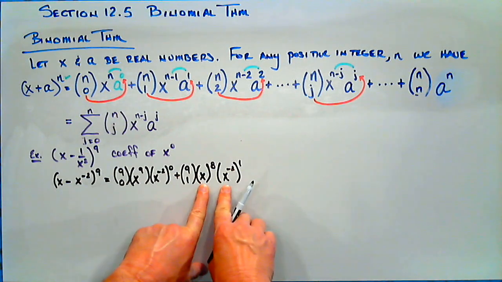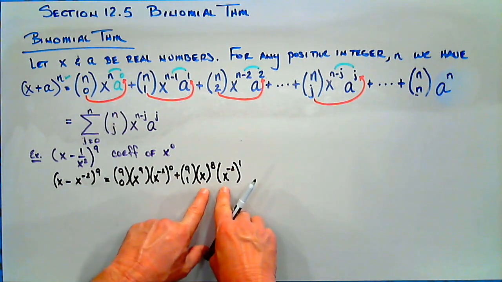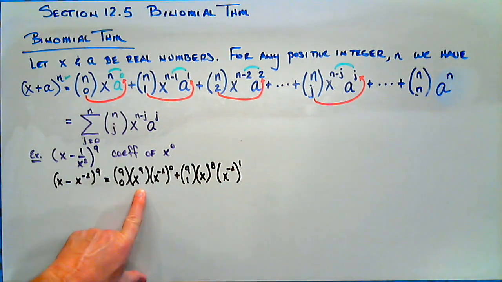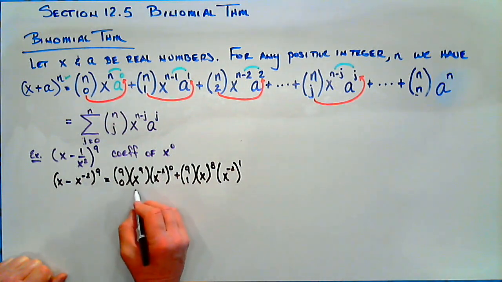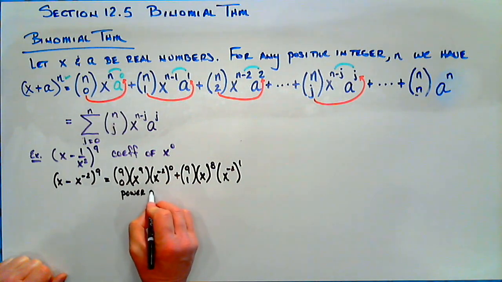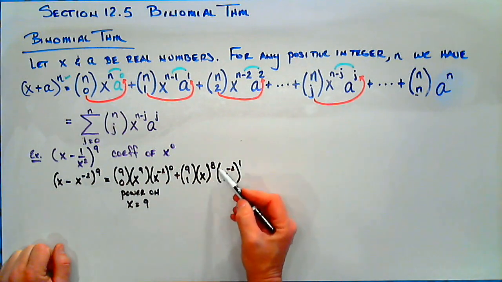What's going to be our power on x right here? Isn't our power on x going to be 6? What's our power on x over here going to be? This is to the 0, so that goes away. Our power on x over here is going to be 9. What's our power on x over here?